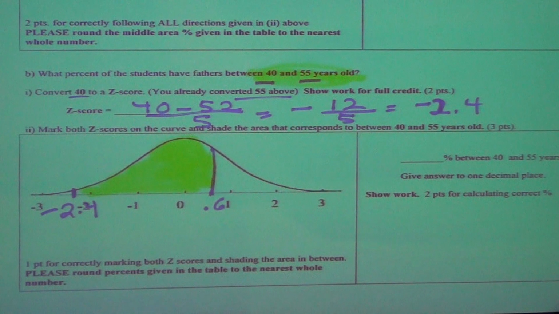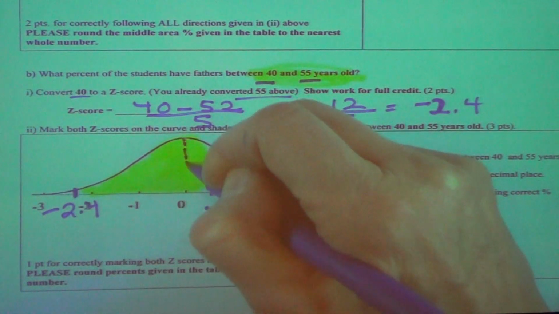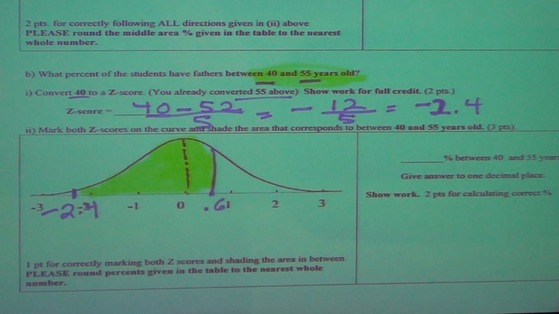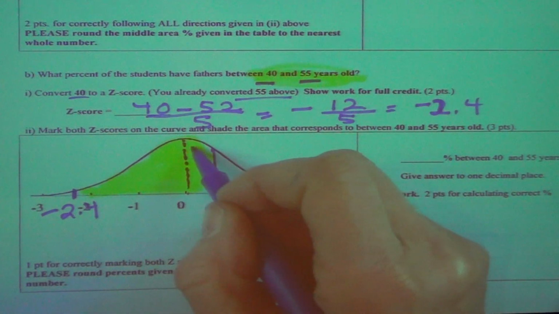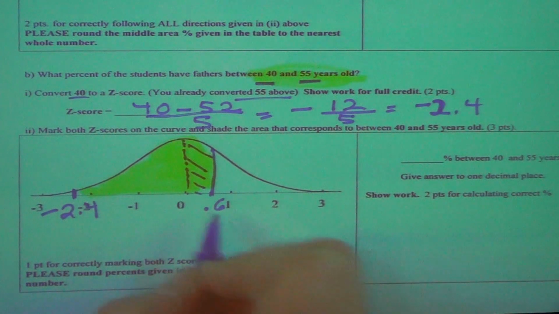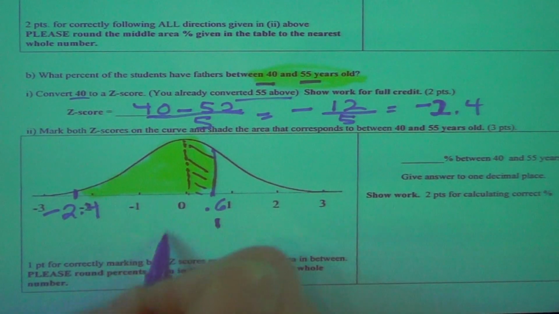I think the easiest way, though, because the curve is symmetrical about 0, is I would just go right down here in the middle and divide it into 2 pieces, right? We already looked at this. We know this piece right here is going to be between 0.6 and negative 0.6.